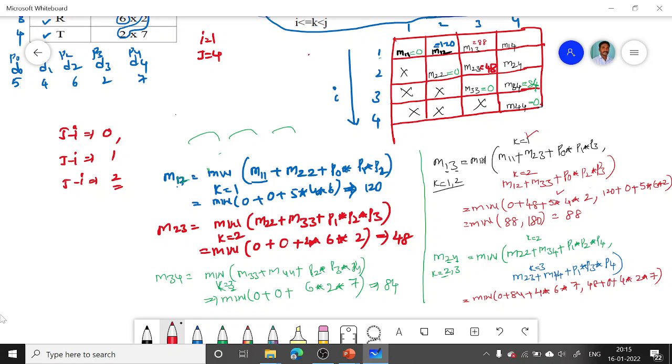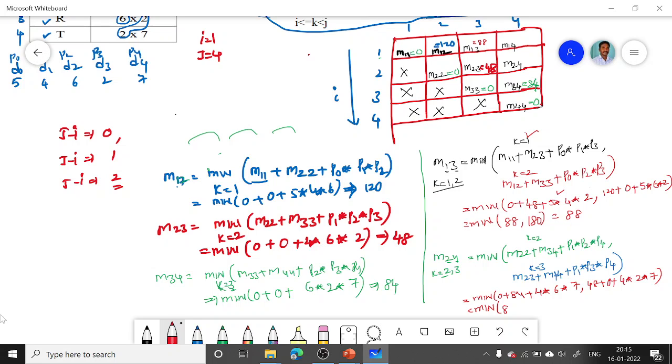Okay, so now you will find the actual value. So minimum of, so 4 into 6 into 7, 42, 42 into 4, 168, plus 84.